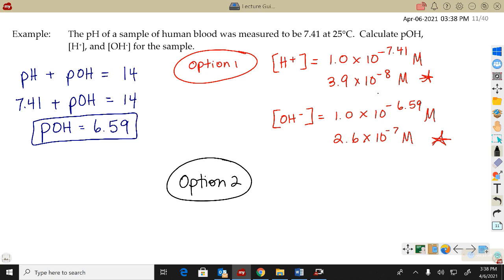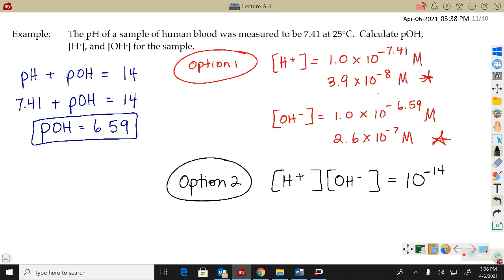Or maybe you're given the hydrogen concentration and you're looking for the hydroxide concentration. There is an equation that looks like this. Hydrogen times hydroxide equals 10 to the negative 14th. It's based on the equation for the dissociation of water. But this will be true of any solution.